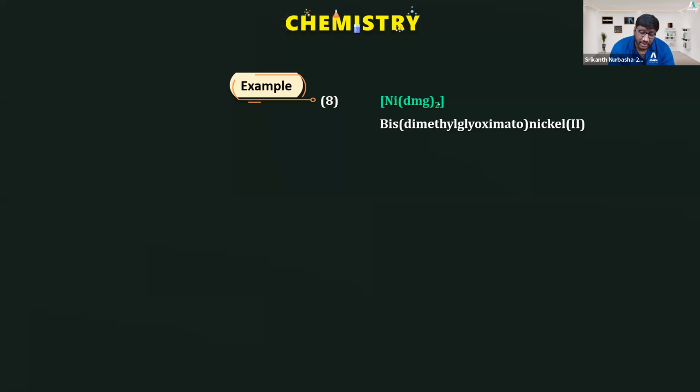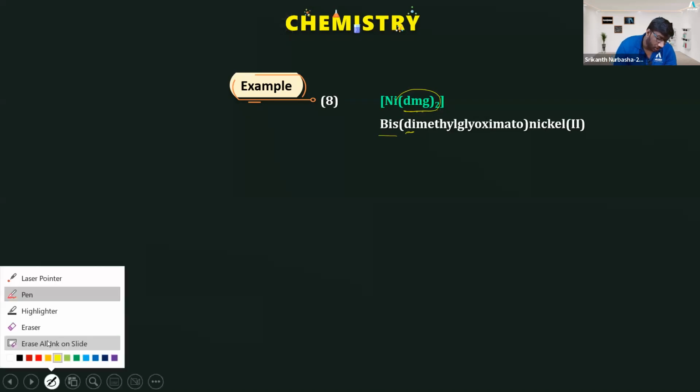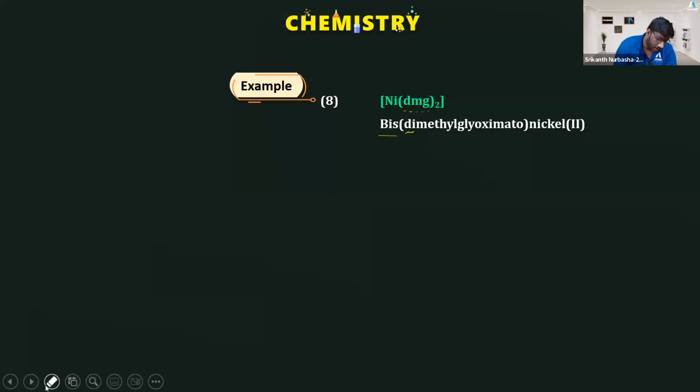So here we have two dimethylglyoximato ligands. In dimethylglyoximato we have already used di, so I cannot use di of dimethylglyoximato again. So we have to use bis, then brackets dimethylglyoximato. I have completed naming of the ligands. After naming the ligand, what do I have to do? I have to proceed with the naming of the metal.